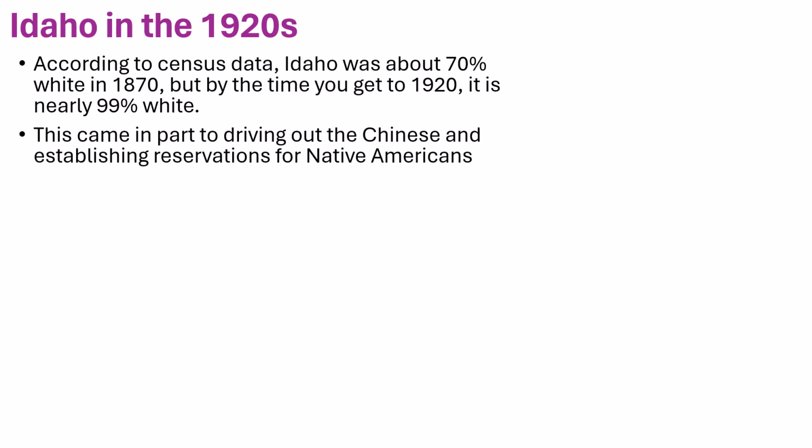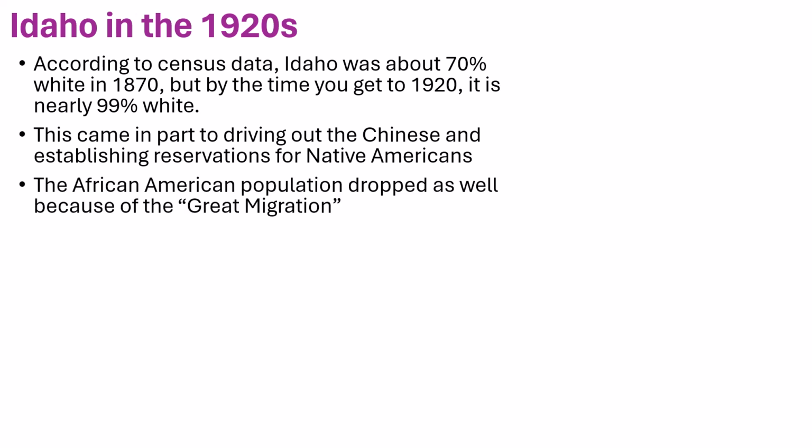There were reservations for Native Americans. Some of them were established, and some were basically forcing Native Americans from their land onto these reservations. And also a lot of the African American population dropped because of this environment, and they left during the Great Migration.